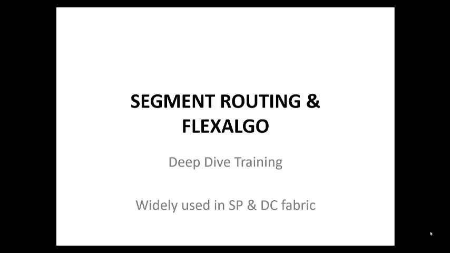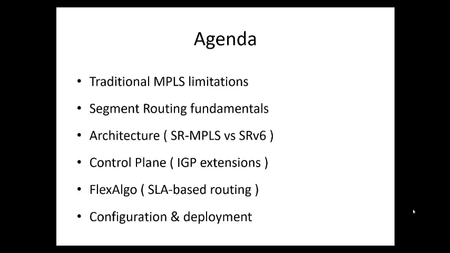Along with that, we are going to see how flex algorithm and segment routing support the service provider network and the data center network. There are limitations in our traditional MPLS traffic engineering, or MPLS routing, I can say.